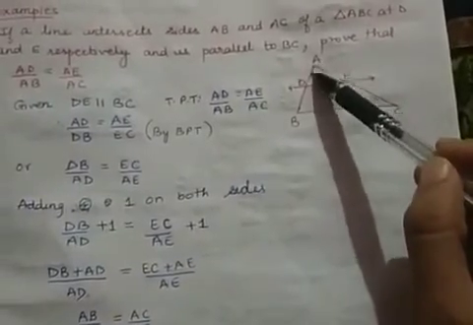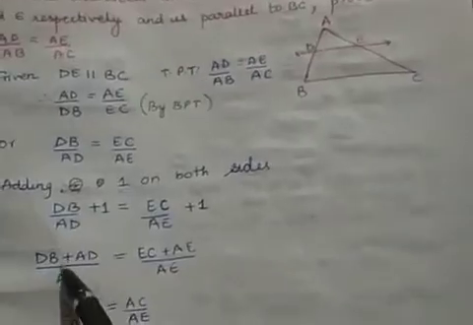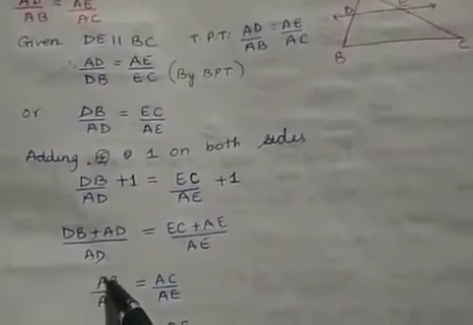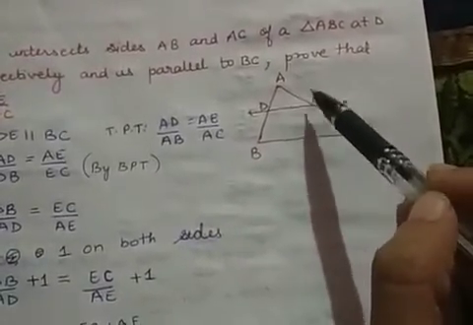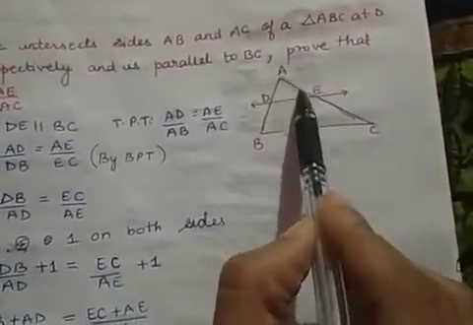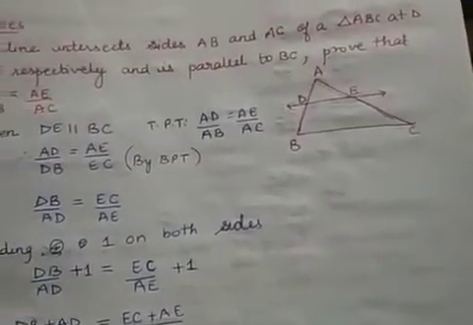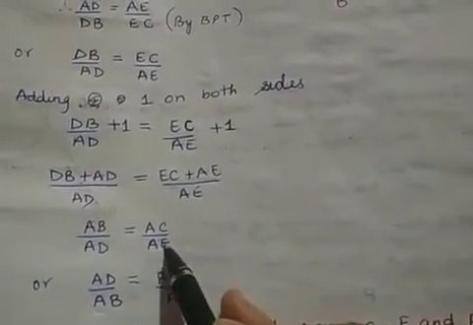Now what is DB plus AD? DB plus AD is the entire side AB, right? So in the numerator you will get AB upon AD. Now what is EC plus AE? EC plus AE is the entire side AC, correct? So here you will get AC upon AE.